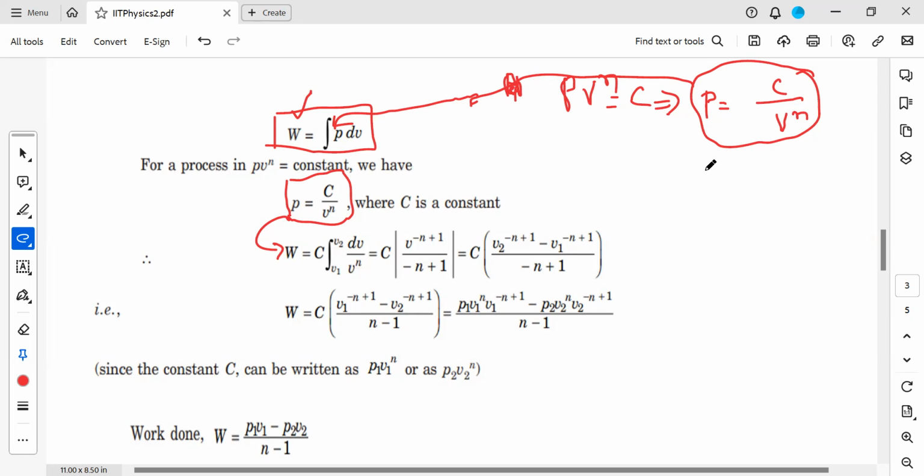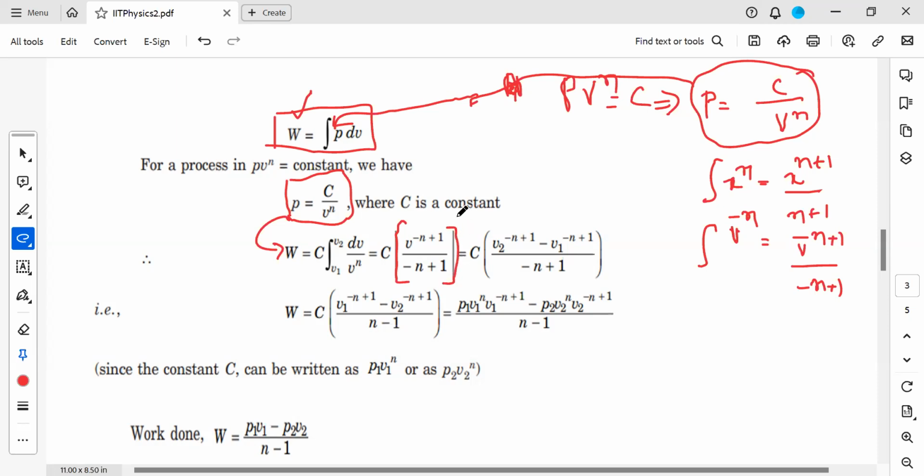The integral of x^n is x^(n+1) by (n+1). Here the integral of 1 by V^n, that is V^(-n), will be V^(-n+1) by (-n+1). So we get C into V^(-n+1) by (-n+1), with limits V2 and V1.